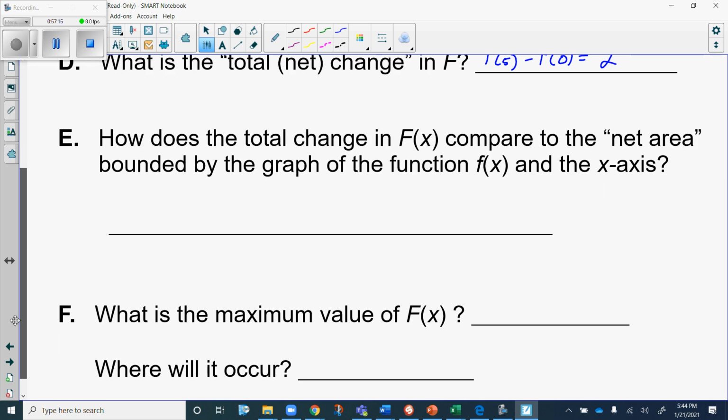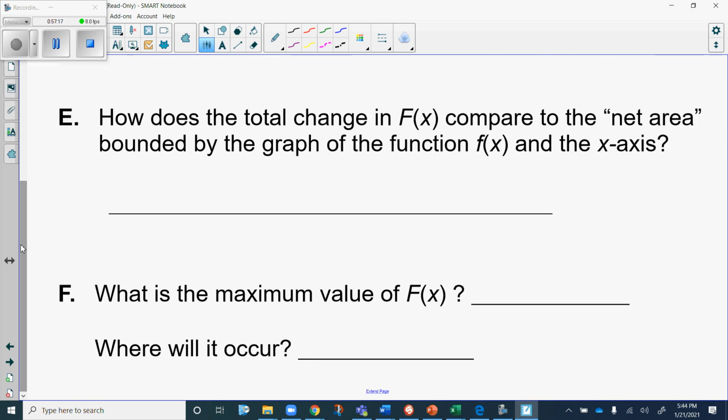Last two here. How does the total change in the antiderivative compare to the net area bounded by the graph of the function f of x and the x-axis? They should be the same. That's the simple answer. Let me write down the longer explanation.